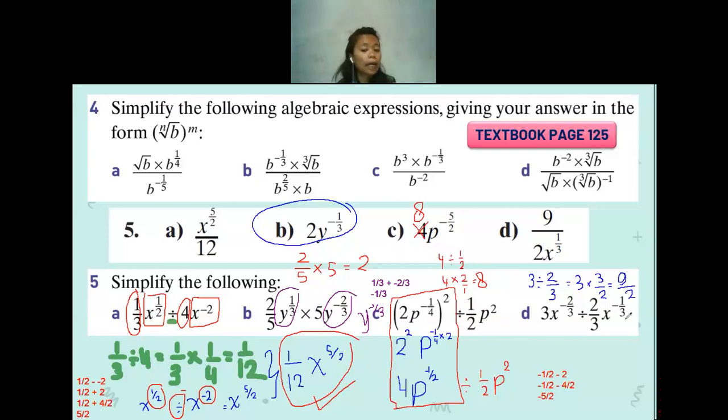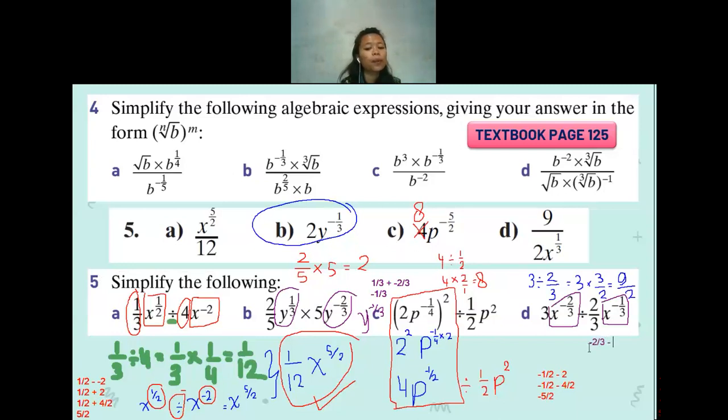For the x or the letters, we have x to the power of negative 2 per 3 divided by x to the power of negative 1 per 3. So now we can simplify them by doing subtraction. Why do we do a subtraction? Because it is a division.